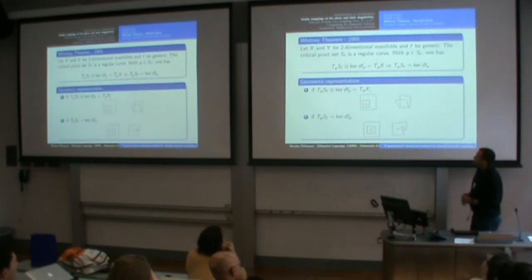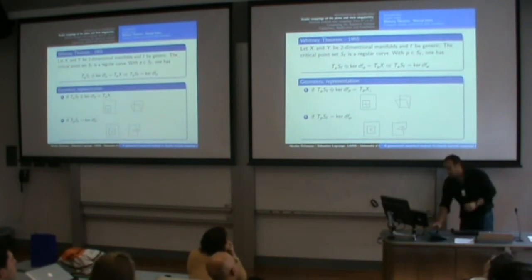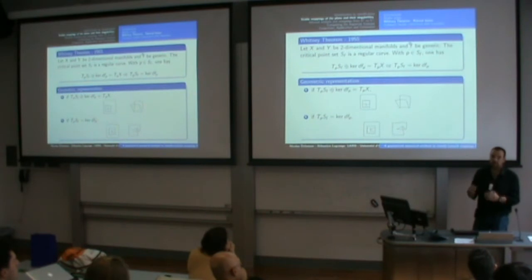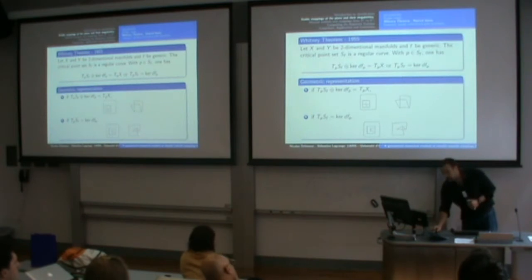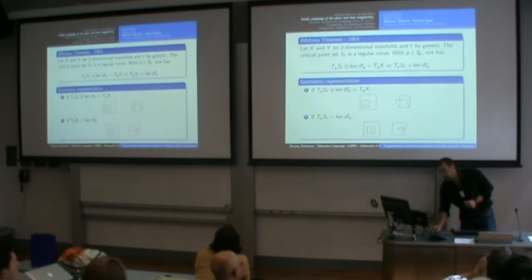So if you have two-dimensional manifolds, and you consider a map F which is generic, each time that you see generic in my slides, it's the same as stable. In the two-dimensional case, this is equivalent. The set of critical points is a regular curve. And if you take a point on this singular curve, just one of those two cases can happen.